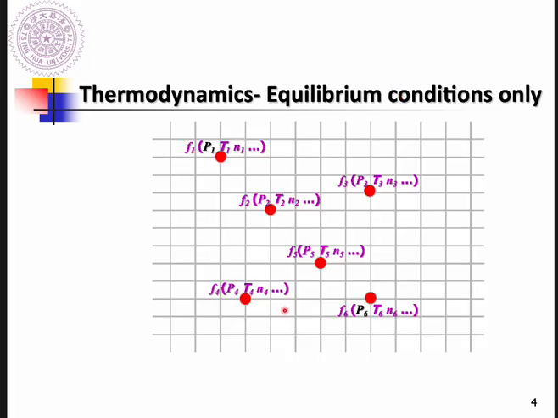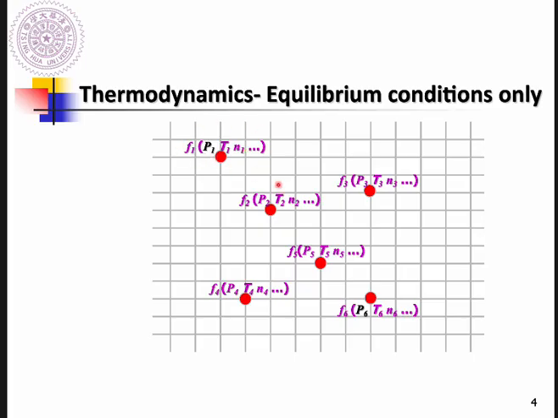Now we have 6 states: F1, F2, F3, F4, F5, and F6. For state 1, I call it F1, it is under pressure P1, temperature T1, and also N1 moles of something.